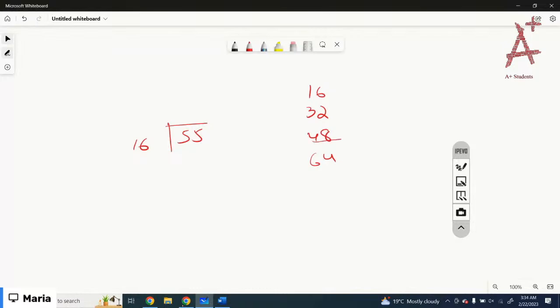We can go for 16 times 3, which is 48. We cannot subtract 5 from 5 directly, so we have to borrow 1. So it is 15 take away 8, which is 7.